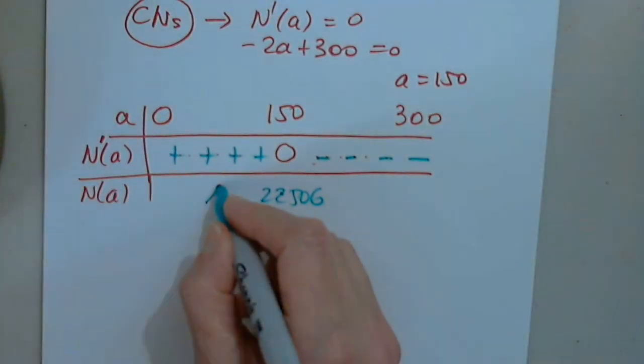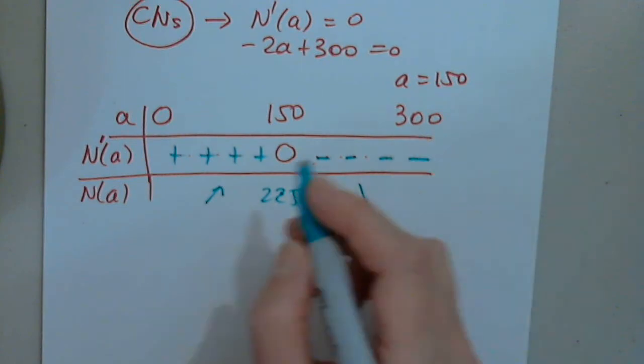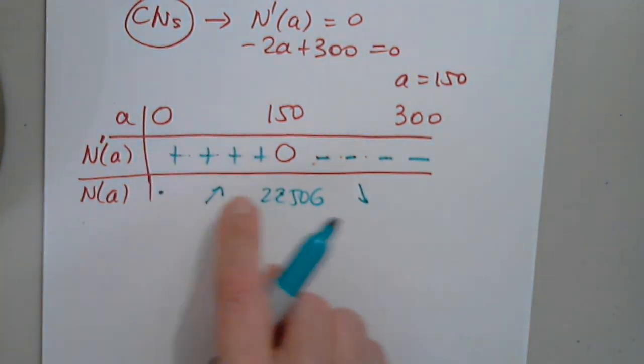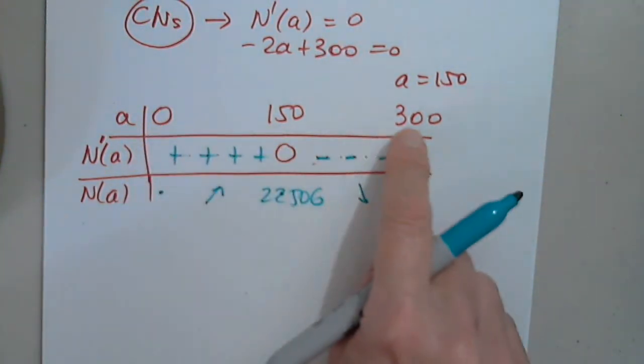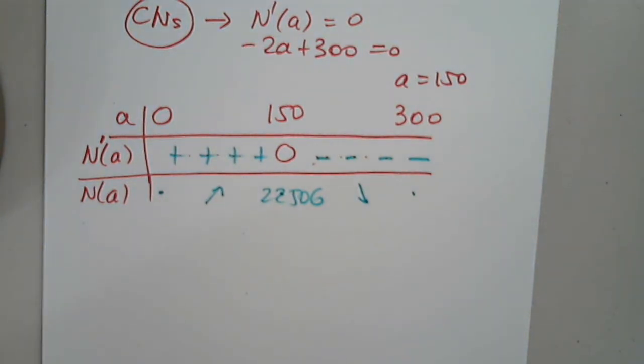So the function is increasing and decreasing. On such an interval, we should always determine the endpoints. When we have a closed interval, we're going to talk about that again. So let me go back. I'm sharing. I also want to plug in 0, and I want to plug in 300.